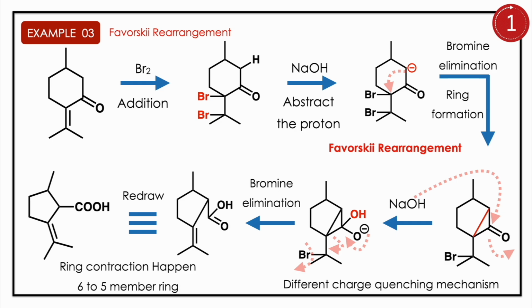Here bromine provides a different quenching mechanism because it is a good leaving group. So you end up with the final 5-member product. The ring is contracted. If you redraw nicely, you can clearly see the 6-member ring becomes a 5-member ring. The concept outlined here is that in Favorskii rearrangement, ring contraction happens.